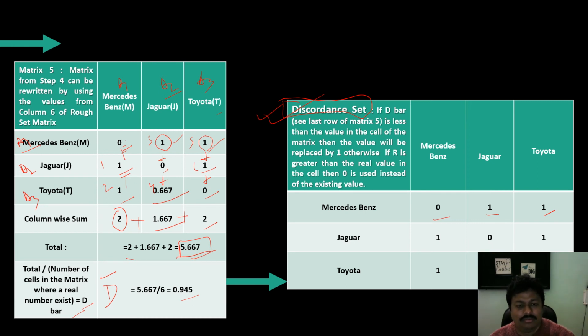If not, we place 0 for those criteria for which the value is not greater than the other alternative with which the comparison is going on. So in this way, the concordance set and discordance set are created.